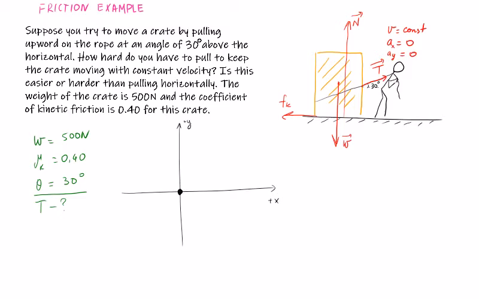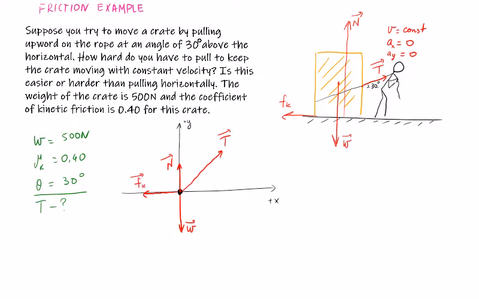So if we translate these forces into our free body diagram, we have the weight going downwards, normal force upwards, and then we have a tension at 30 degrees, and the kinetic friction, opposite to the motion.